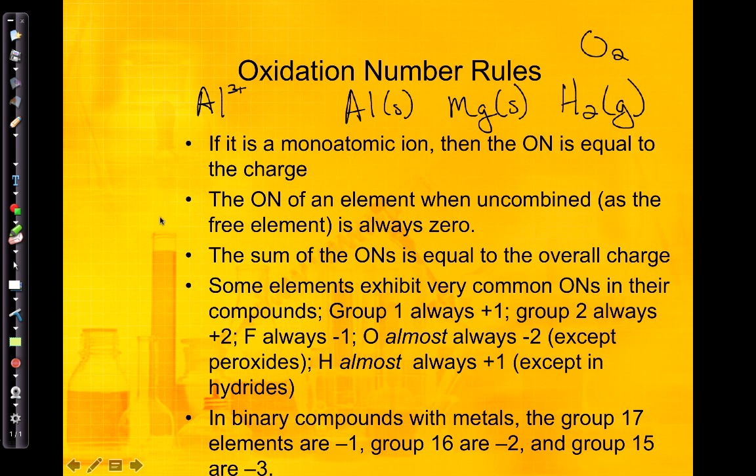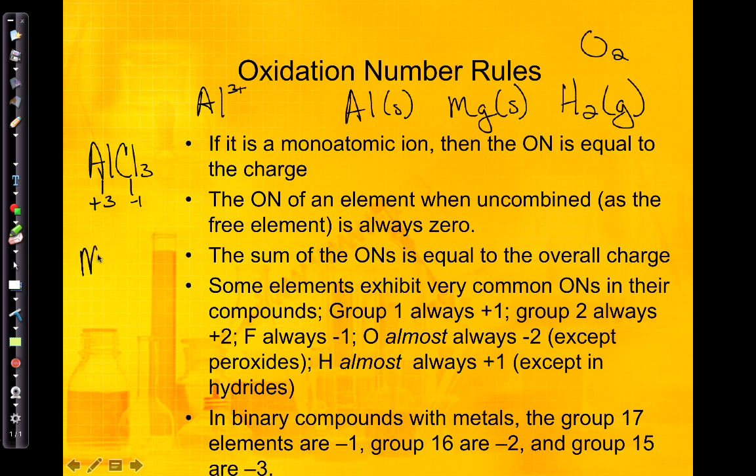So anytime that you have a compound, the oxidation numbers will equal the overall charge. So if I were to have aluminum chloride, all the oxidation numbers, just like the charges, will add up to the charge of the compound, which is 0 for this particular compound. So aluminum's got a charge of +3, chlorine is -1, and there's 3 of those. So +3 minus 1 times 3 added together will give me 0.